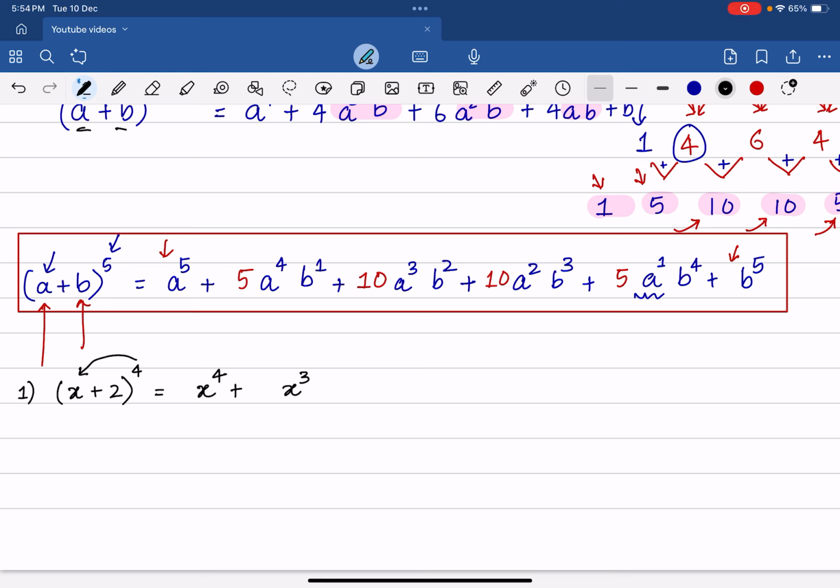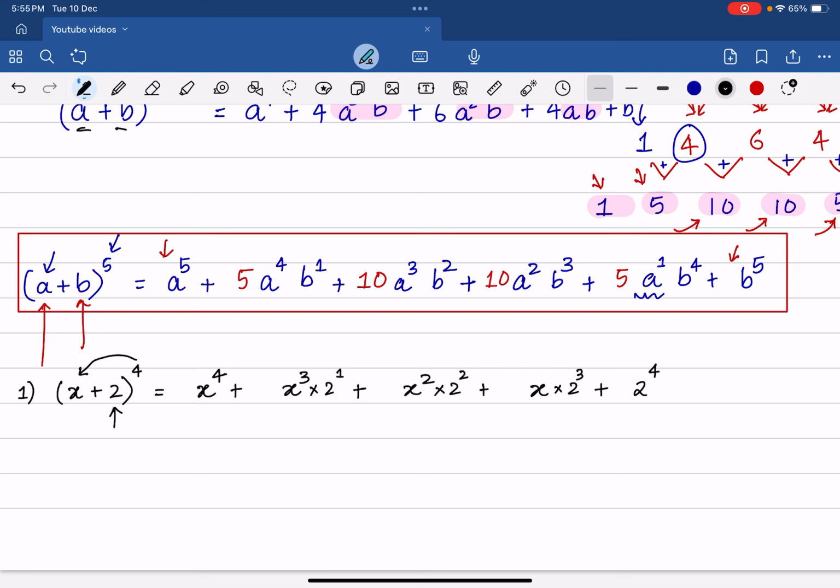You go on decreasing the powers of x, correct? Then x raised to 2, then x raised to 1, and then we give the highest power to the next term, that's 2 raised to 4, and then decreasing the power for 2, 2 raised to 1, correct?